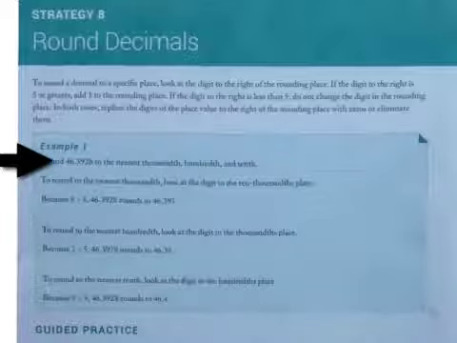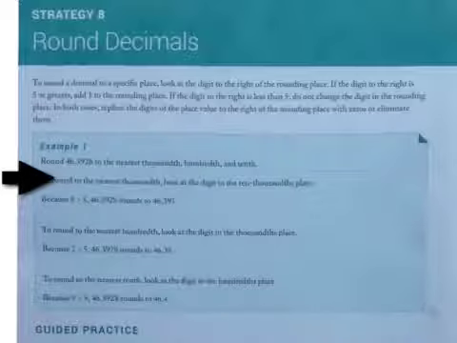So here in example 1, it says to round 46.3928 to the nearest thousandth, hundredth, and tenth place. So let's start off. We're going to round to the nearest thousandth, and we're going to look at the digit in the 10,000th place.